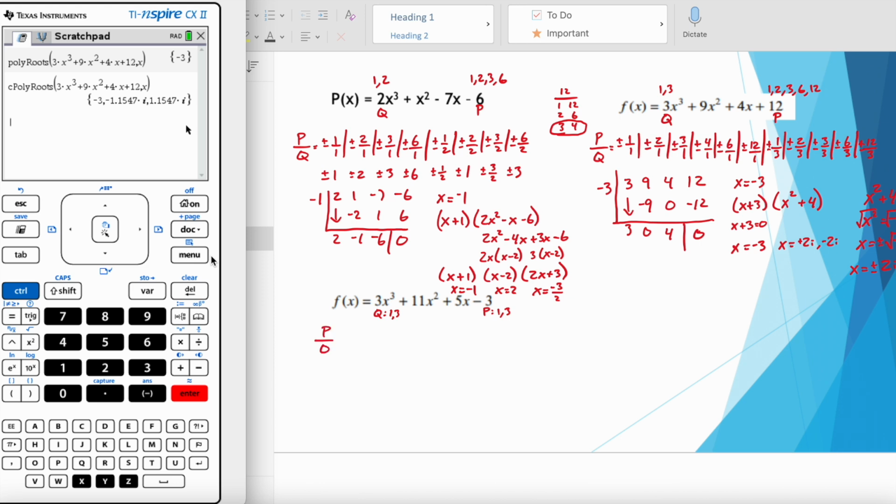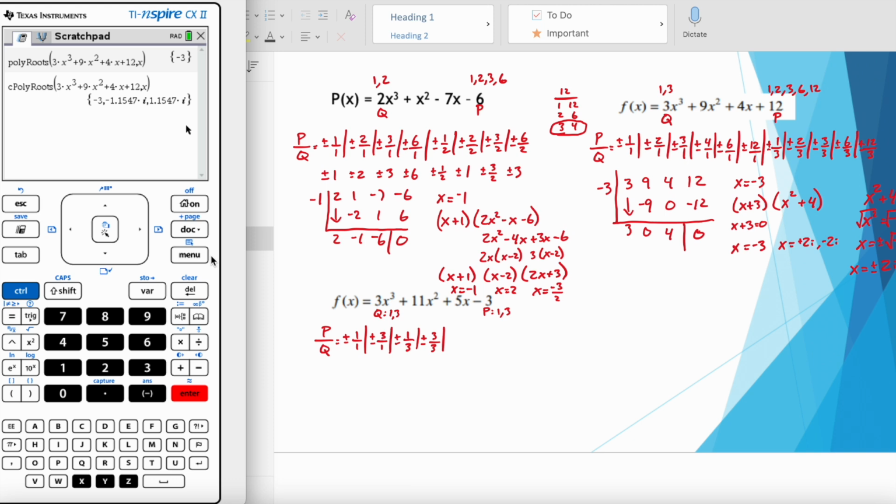P divided by q would be equal to positive negative 1 over 1, positive negative 3 over 1. We then go on to our next number, which would be q being 3, positive negative 1 over 3, positive negative 3 over 3.